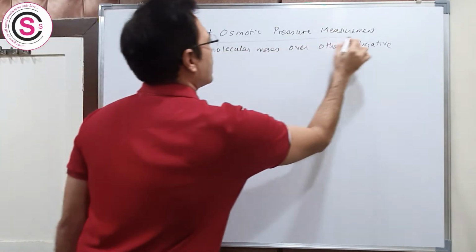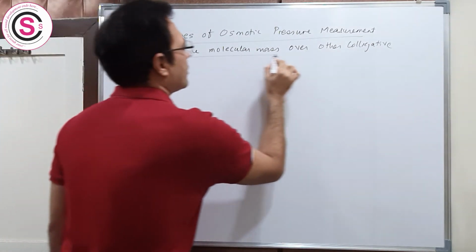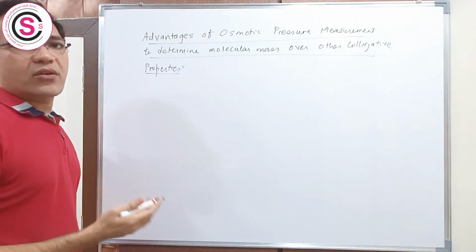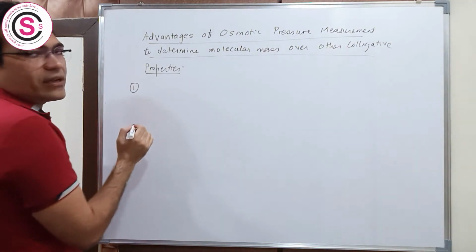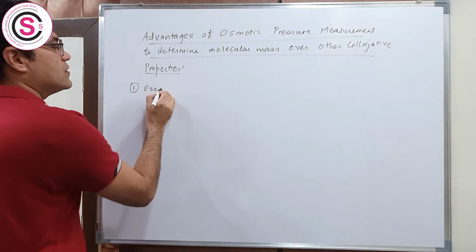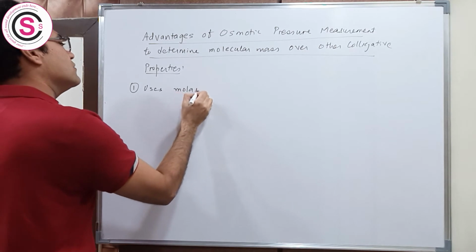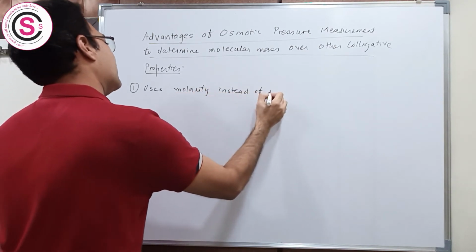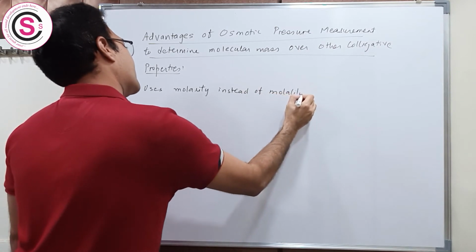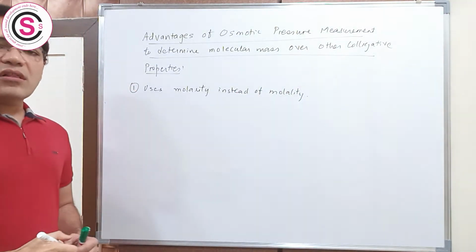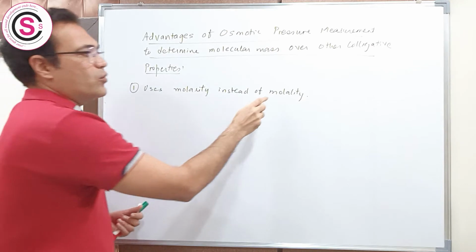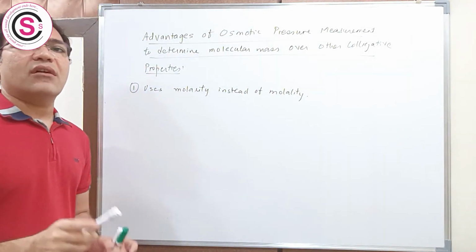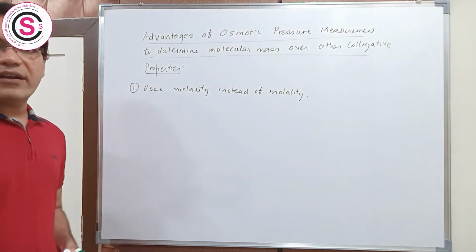Correct? So what advantages does the osmotic pressure measurement method have in determination of molecular mass over other colligative properties? The first advantage is that it uses molarity instead of molality. Right? See students, in all the other colligative properties we have used molality, but in osmotic pressure measurement we are using the term molarity. So again, that is the advantage.